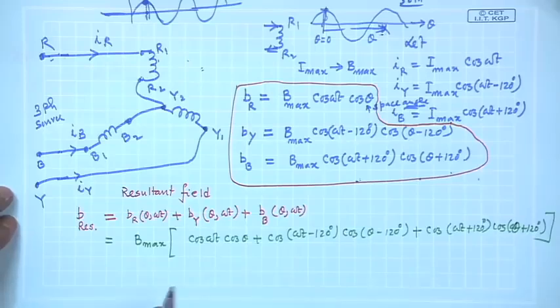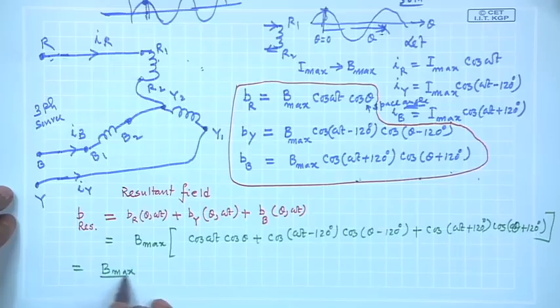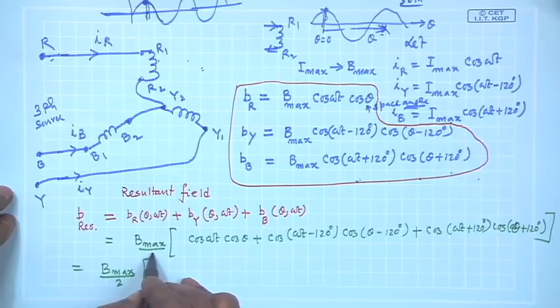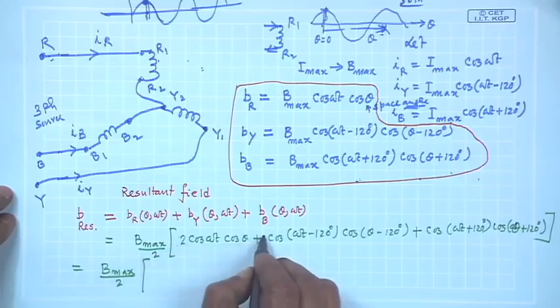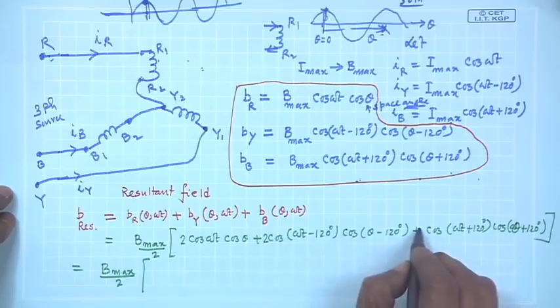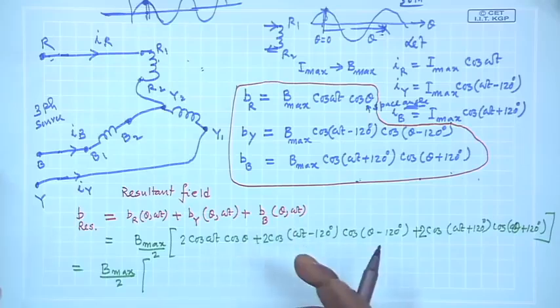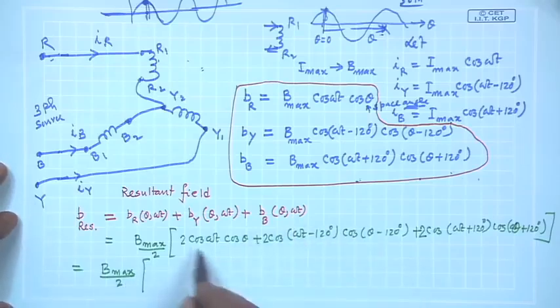This will be the resultant field, and this is nothing but B max, you divide by 2 and in fact, this step I can do it here. Now, divide by 2 and multiply by 2, and you know what I am going to do. So, 2 cosine A cosine B, that formula I will apply.